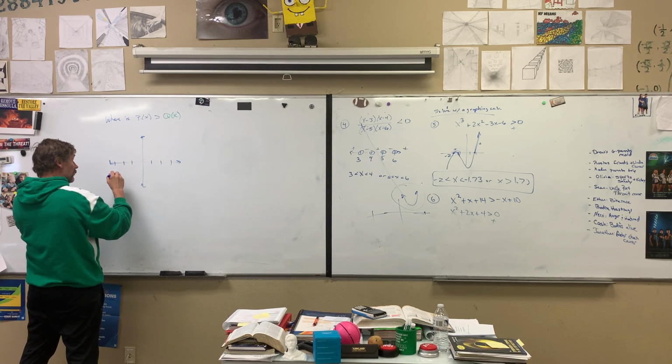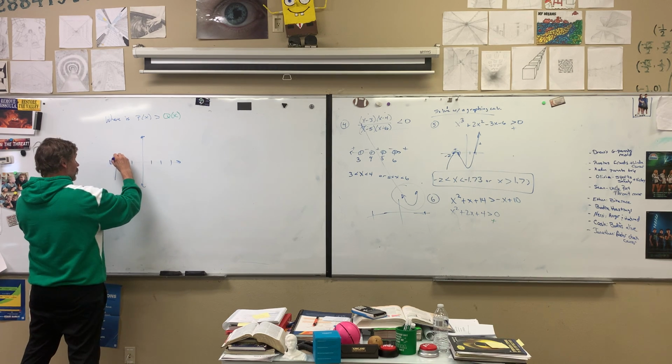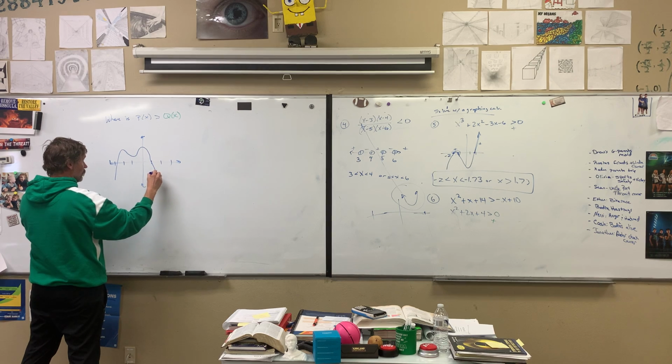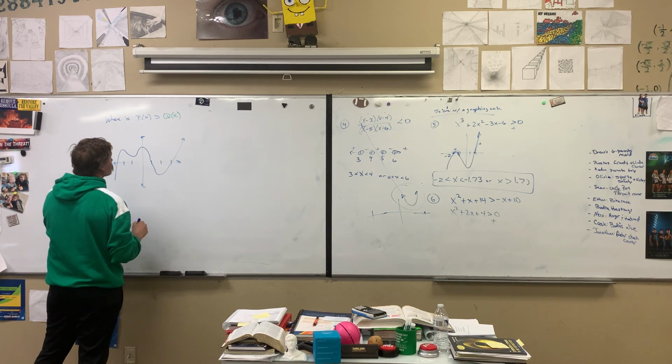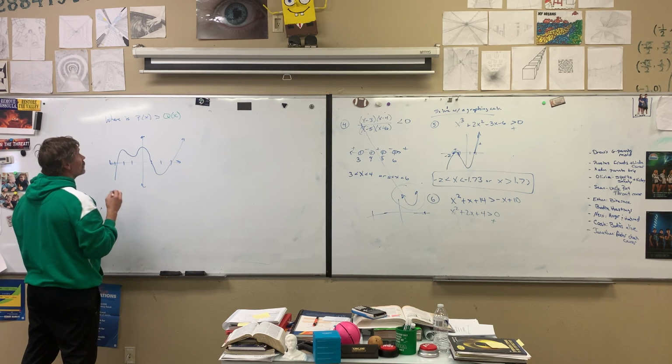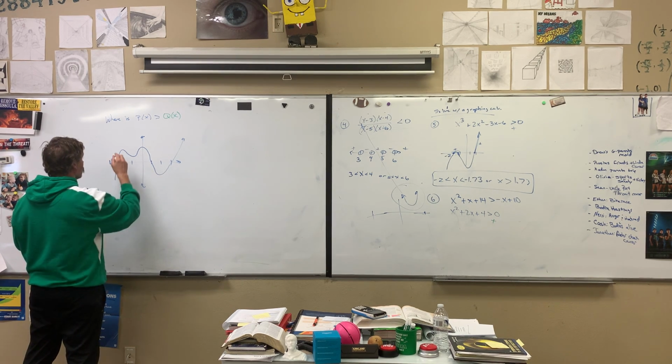Let's say I have p of x goes like this, and comes like this, goes down like this, comes up like this. Okay. I have that, and then let's say I have q of x, which is in green.